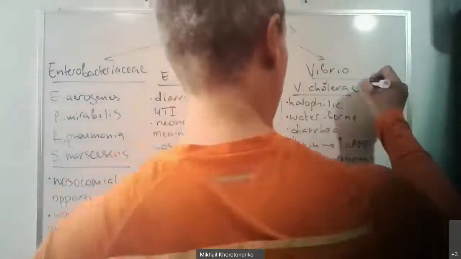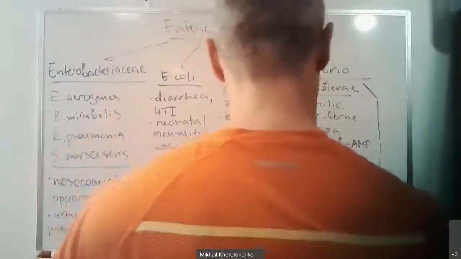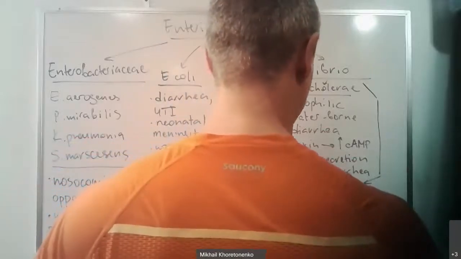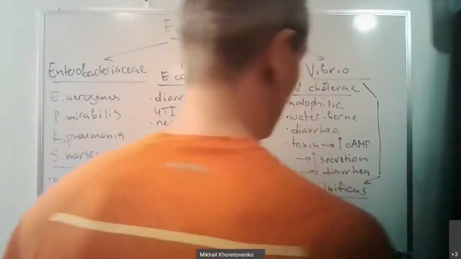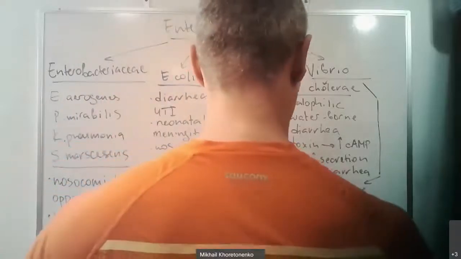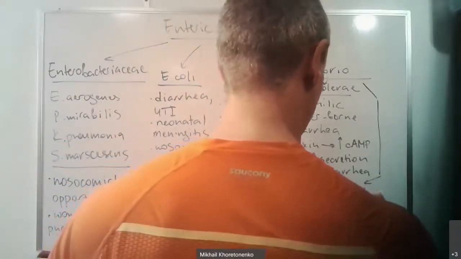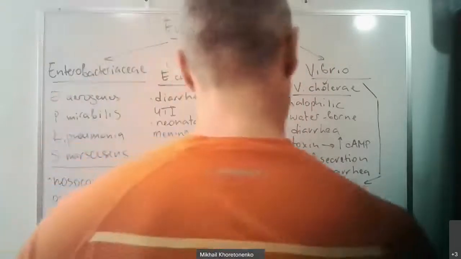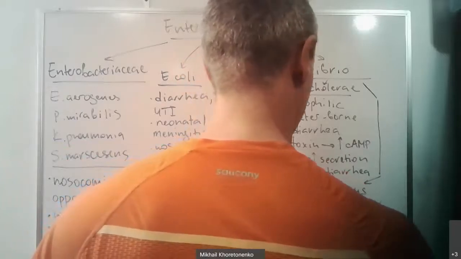Another member of the Vibrio genus that I wanted to really briefly mention, though it's not a digestive microorganism, is Vibrio vulnificus, which can be acquired from water or shellfish and causes pretty severe wound infections.